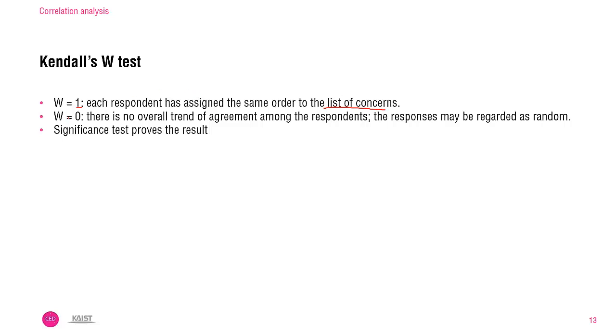But when W equals 0 or is close to 0, you can conclude that there is no overall trend of agreement among the respondents or among the jury members. Their responses may be regarded as random. And if you perform the Kendall's W test, you will get the significance value as well.